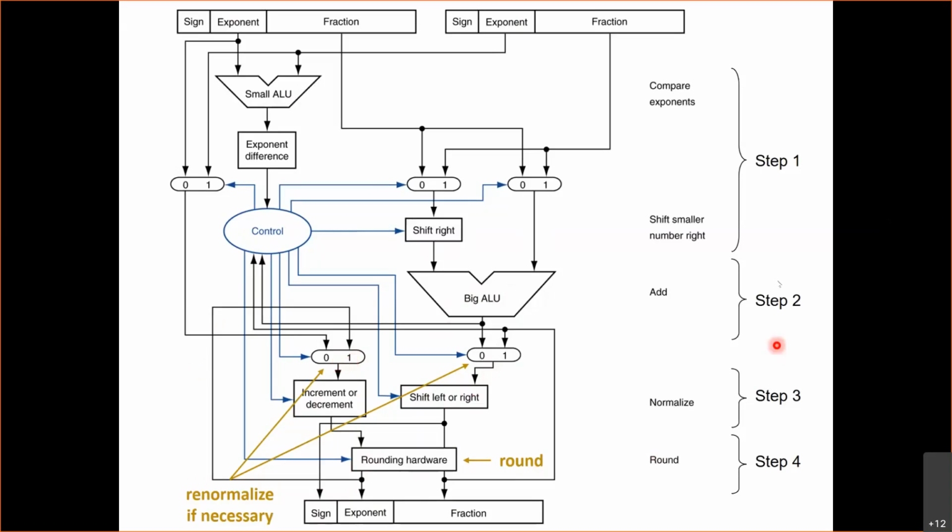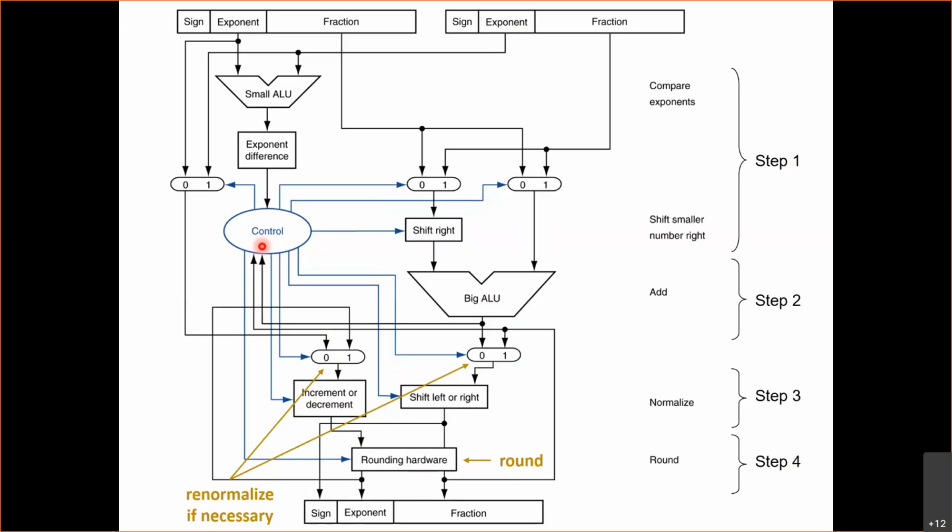Someone's asking, can we repeat how the controller knows if we need to decrement the exponent? Well, when do we decrement the exponent? We decrement the exponent if we are normalizing. And how do we know if we're normalizing? We know if our value is too large or too small. Here we take the value from the result of the addition and pass that to the controller.